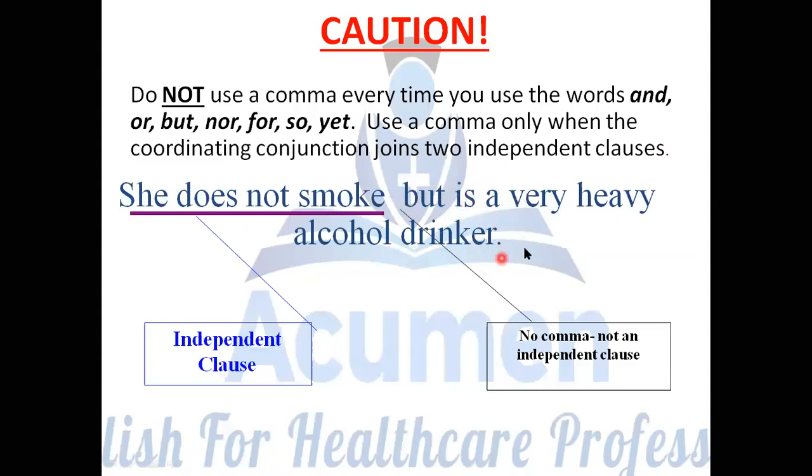Now, why is this dependent? Because it doesn't have a subject. When I say is a very heavy alcohol drinker, it is not meaningful because you would ask who is a very heavy alcohol drinker. So she is written here. This sentence essentially depends on this she to make sense. But in this case, look at the tense. This is in present tense and this is also in present tense.